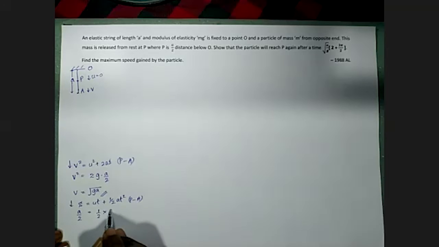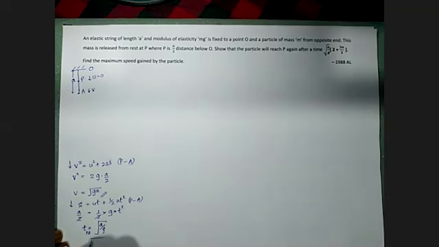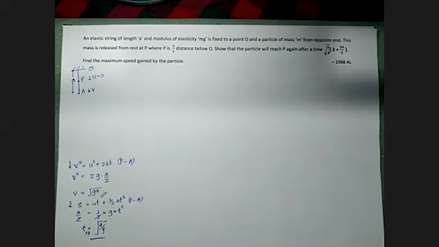Half into acceleration, which is gravitational acceleration. Time we have to calculate. 2 gets cancelled. Then time t. What is this time? P to A time. T_PA is equivalent to the square root of A over g. This is the time taken by the particle to move from P to A.